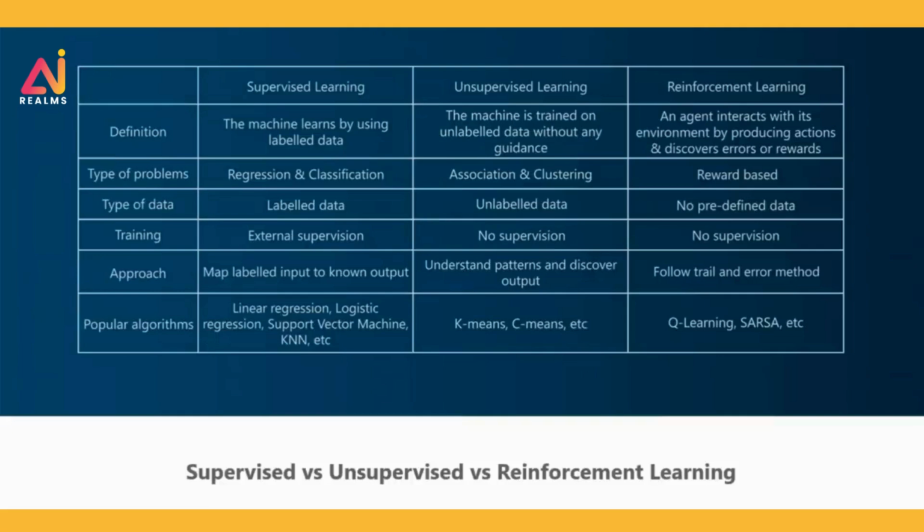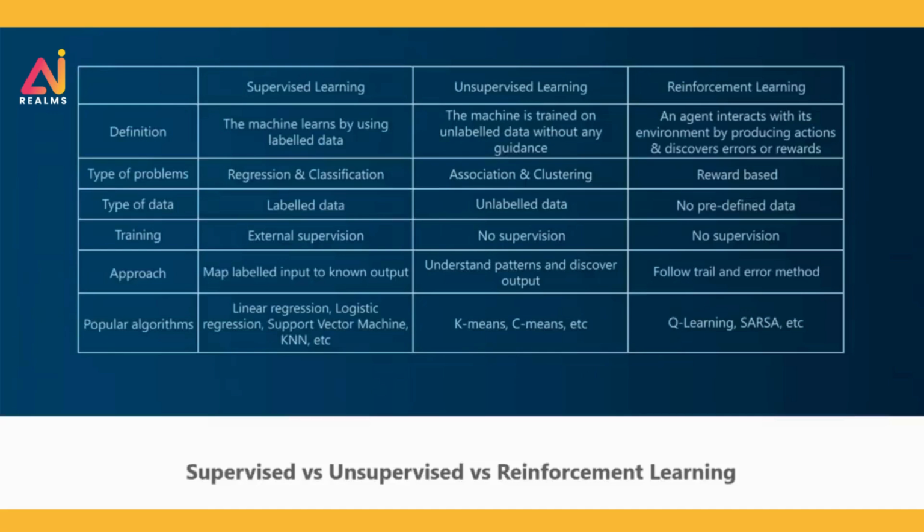Now, what are the types of problems that can be solved by using supervised, unsupervised, and reinforcement learning? When it comes to supervised learning, the two main types of problems that are solved are regression problems and classification problems. When it comes to unsupervised learning, it is association and clustering problems. When it comes to reinforcement learning, it's reward-based problems.